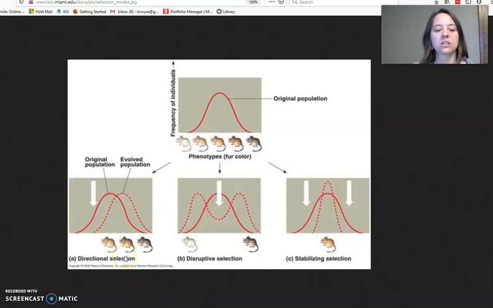With directional selection, the white and light colored mice all got eaten, and then the darker colored mice became more common. They are the ones that passed on their genes. Whereas disruptive selection means the white colored mice and the black colored mice have some kind of advantage over the brown mice, so the medium colored mice die and don't pass their genes on, and the light and black survive.